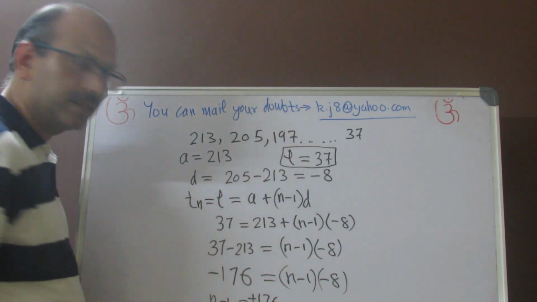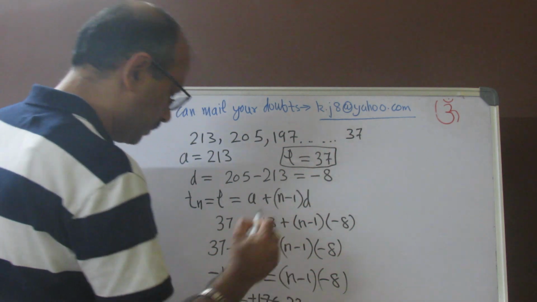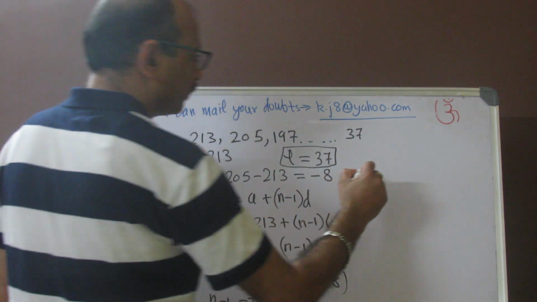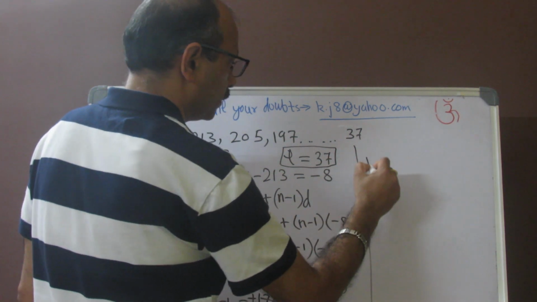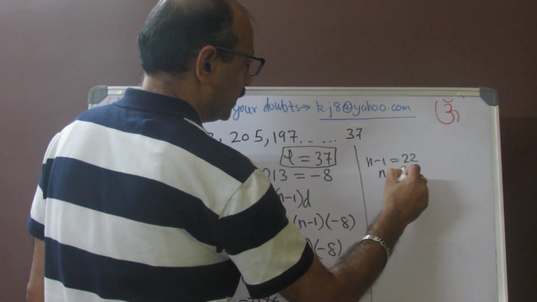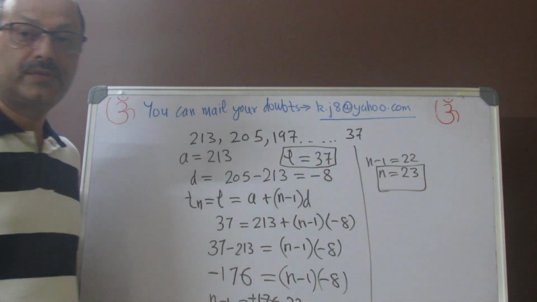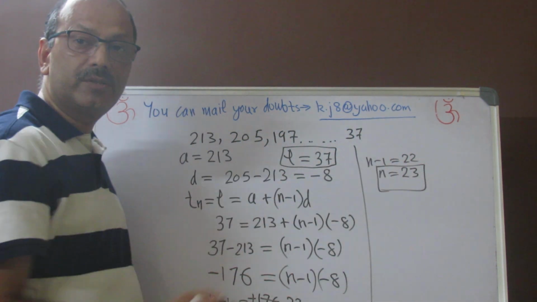Minus minus knocks each other out. We get n minus 1 as 22. So n minus 1 is 22 and n equals 23. So the number of terms in the AP is 23.